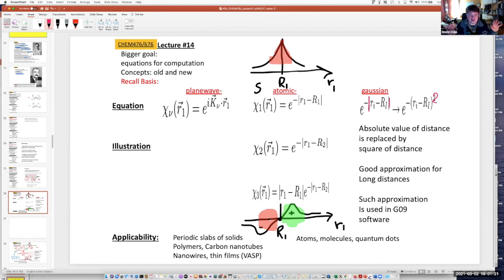They are two different functions. But if we explore these functions quite far from the center, the Gaussian function and this absolute value function will be relatively similar, on the ranges away from the center of the atom.